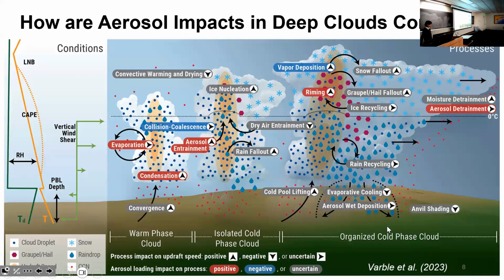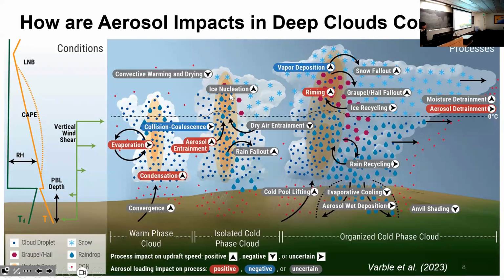But recent studies showed that aerosol impact in deep convective clouds is much more complex. This is a schematic image from a recent study. These are modeling studies, including several processes impacted by aerosols: evaporation, condensation, aerosol entrainment, and collision coalescence associated with aerosols.